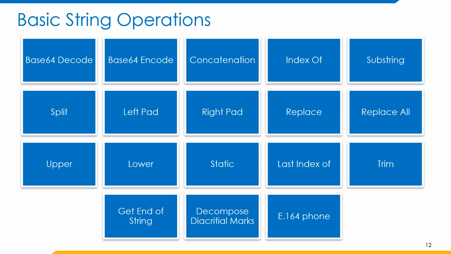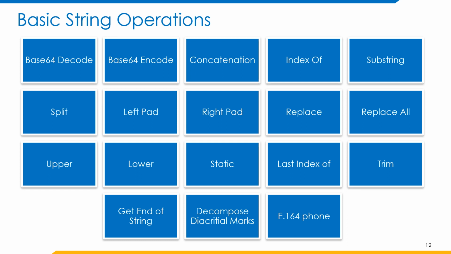Lower. The lower transform is used to convert a string into lower case letters. Static. The static transform is used to return a fixed string value, or more commonly to evaluate velocity. Static transforms can also take other dynamically provided variables as input into the value attribute.